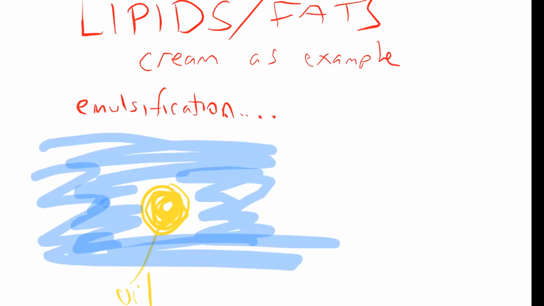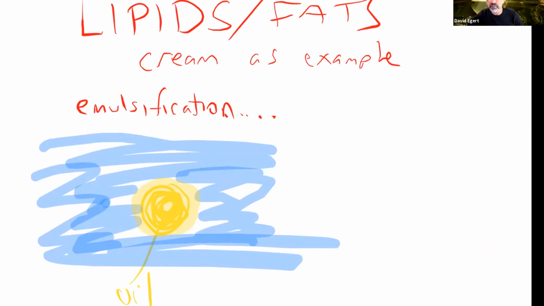Nothing happens. Well, something happens. It stays in a big glob, right? It's hydrophobic, so it does not go into solution. The big glob stays a big glob, separates, right?